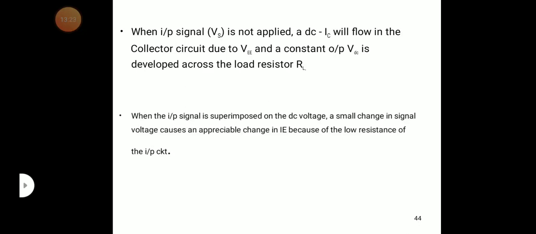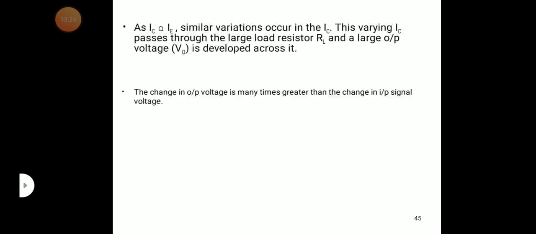So this is the amplification property. As IC is approximately alpha times IE, similar variations occur in IC. The varying IC passes through the larger load resistor RL, and a large output voltage is developed across it.